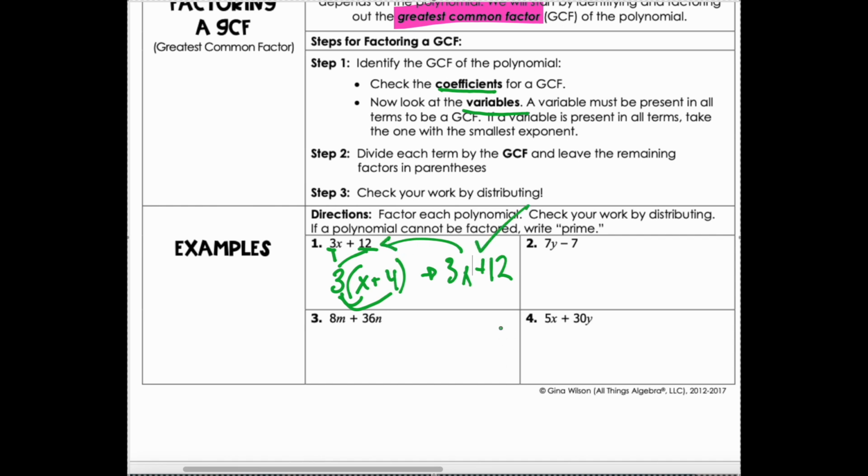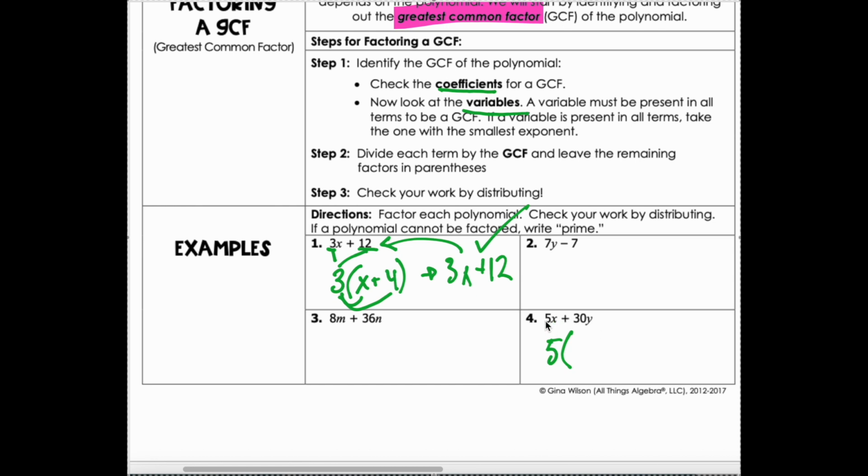So that is correct. Let's look at this one right here, where we see that there are 2 different variables. We're going to look at the coefficients first. What can I take out of both a 5 and a 30? I can take out a 5. If I look at my variables, I can take an x out of here, but I can't take an x out of here. I can take a y out of here, but I can't take it out of here.